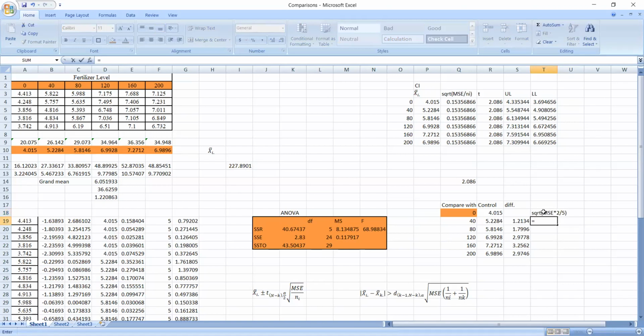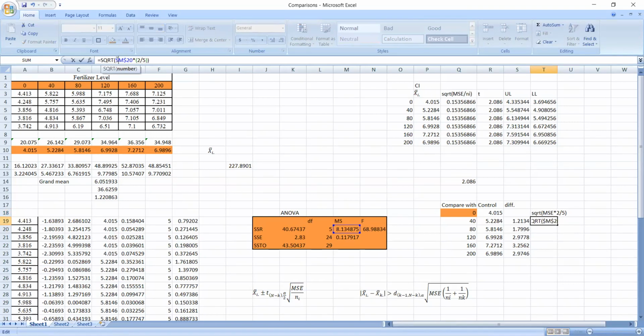So let's do the calculation. You have to take the square root of the mean square error, which is this value coming from the Anova table, into 2 over 5. And this here, the Anova table value, that is a constant.